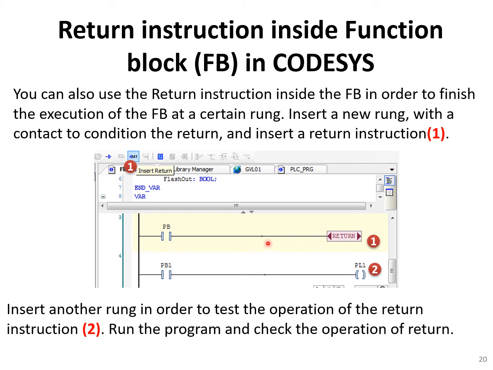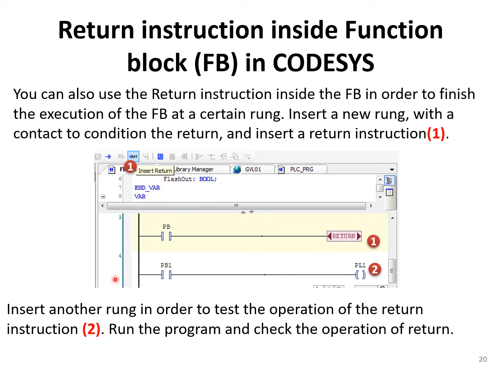So here in the flashing subroutine, we could have a new rung, okay, and place return. How could we place return here? This is an icon, okay, and we could use this icon to place return here.